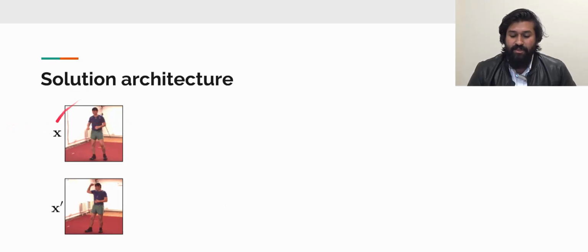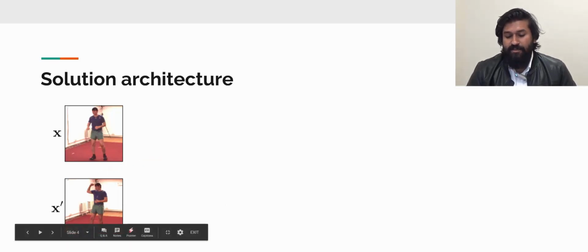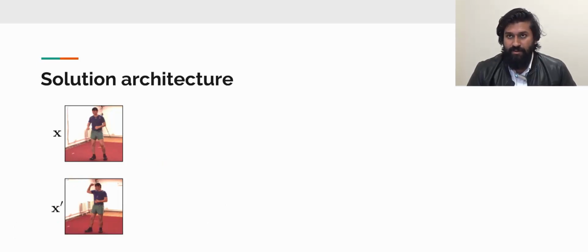Basically they are taking 2 images, X the source image and X prime the target image. They can be taken from a video sequence, or maybe the source image can be passed through some transformation and the target image can be obtained this way.